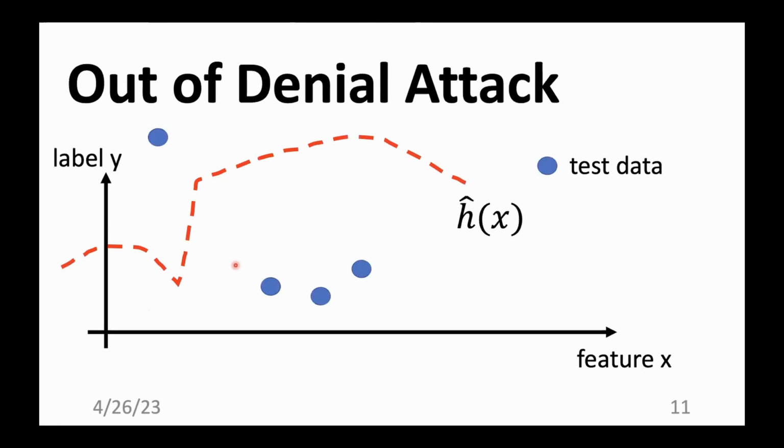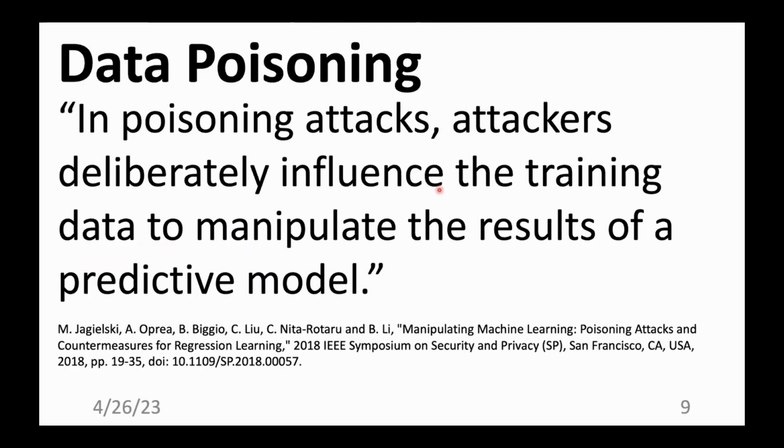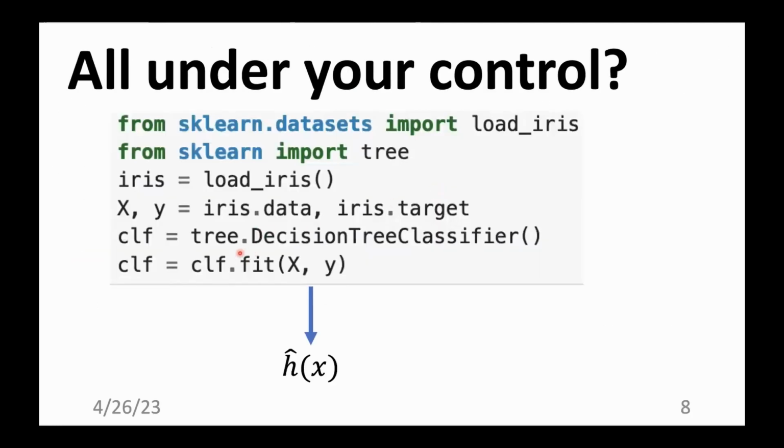In these backdoor attacks, we want to perturb the training of a machine learning method by poisoning the data in particular, such that the learned hypothesis looks super good on test data. Like here, this red curve is the learned hypothesis, something you get out of a dot fit function.